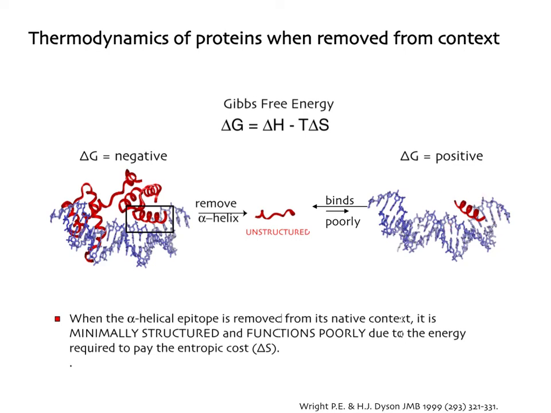Even though this is where all the interactions for the DNA are, just taking that isolated alpha helix will not allow it to bind, because it will have to use energy trying to make the helix to allow it to bind. So because it's minimally structured, it functions poorly, because it has to pay this entropic cost.